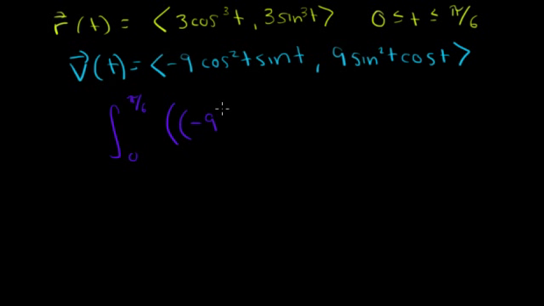In order to find that, we take the square root of 9 cosine squared of t sine of t, squared, plus 9 sine squared of t cosine of t, squared. So the actual velocity at any time t is technically the square root of this.